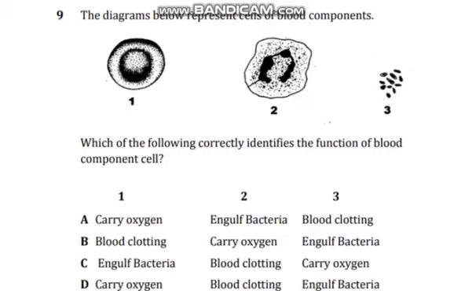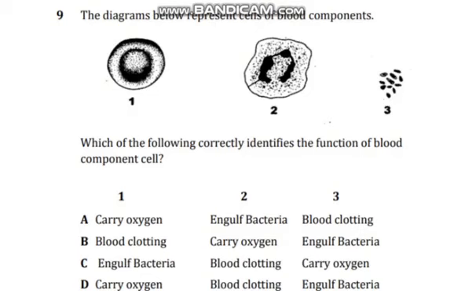Now we come to our last question. This was just a simple revision. The question reads, the diagram below represents cells of blood components. We have 1, 2, 3. Which of the following correctly identifies the function of the blood component cells? First we need to identify these blood components.